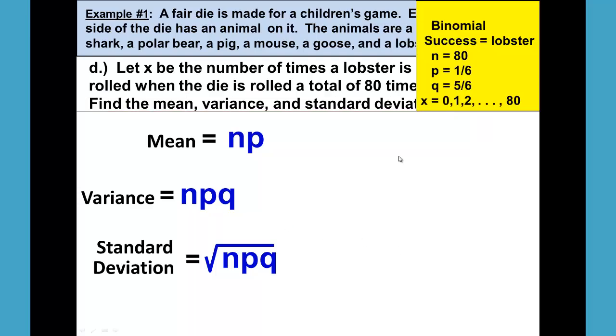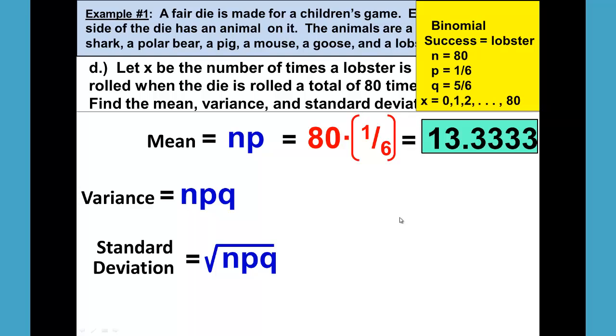In this case, the probability of success and failure did not change, but this time the die was rolled a total of 80 times, and our n has changed to 80. The mean, therefore, is 80 times 1/6, n times p, and gives us 13.3333.